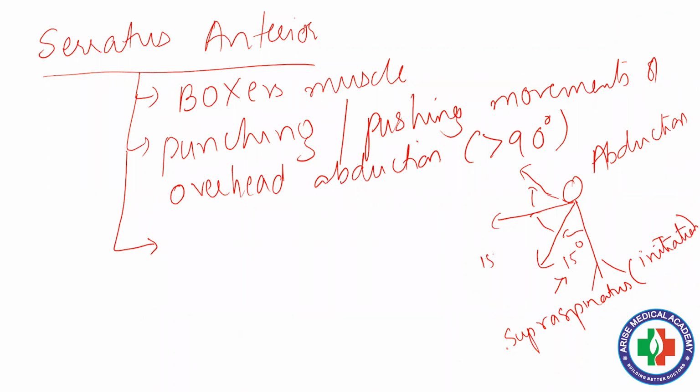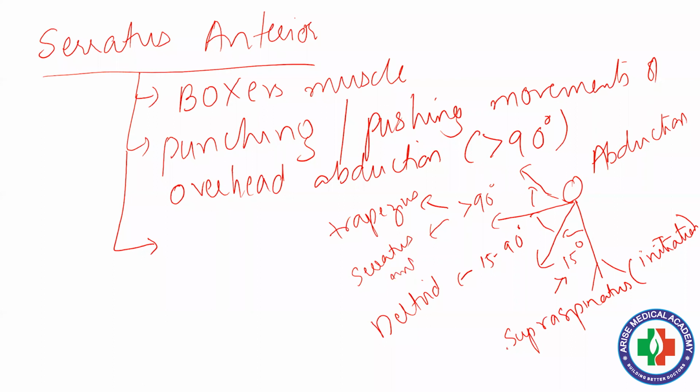Then 15 to 90 degrees of abduction is by the deltoid. And more than 90 degrees of abduction, that is overhead abduction, is caused by two muscles. It can be due to trapezius or it can be due to serratus anterior.